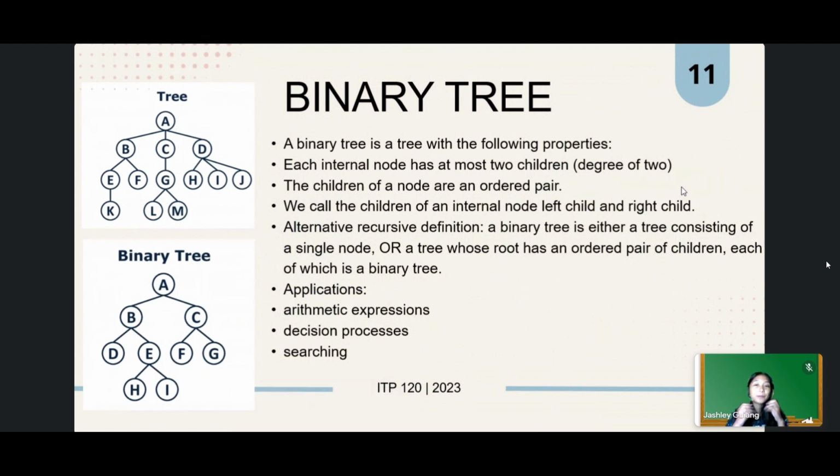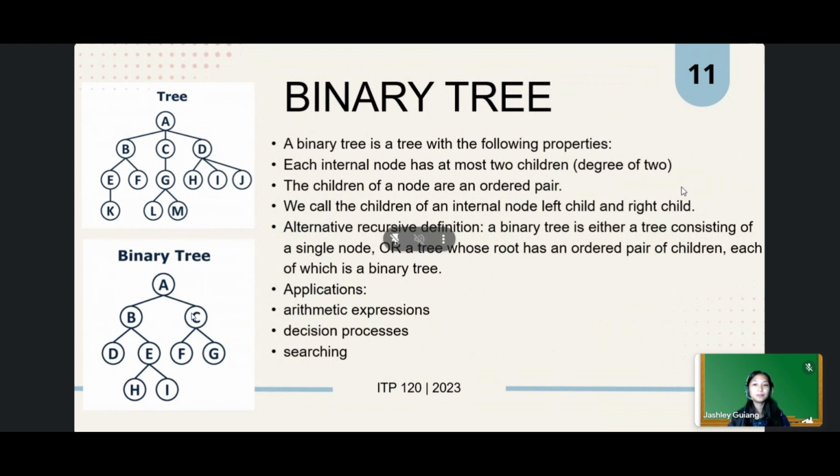So the binary tree, I have here an example. We have two pictures for comparing the general tree and a binary tree. As you can see, in a general tree, there are many children, and it's not an ordered pair.